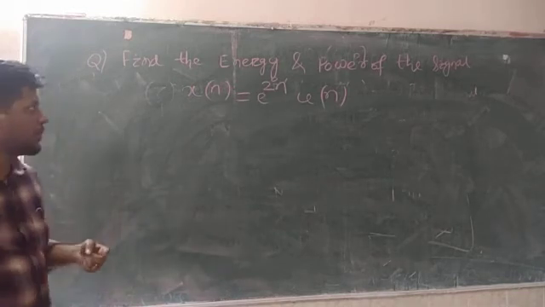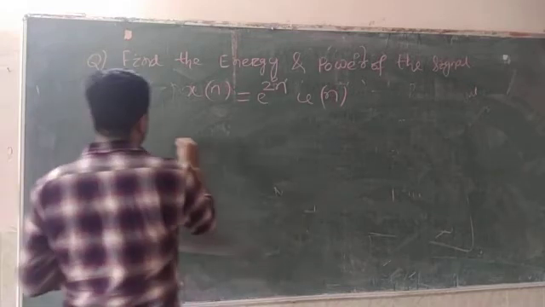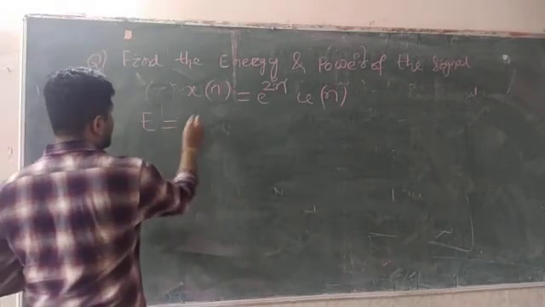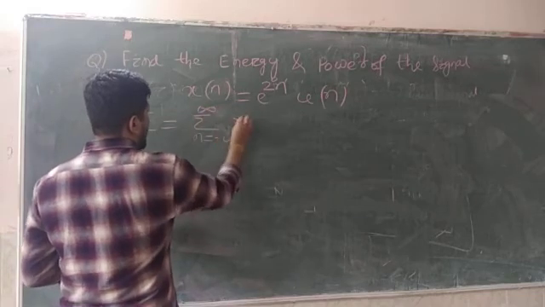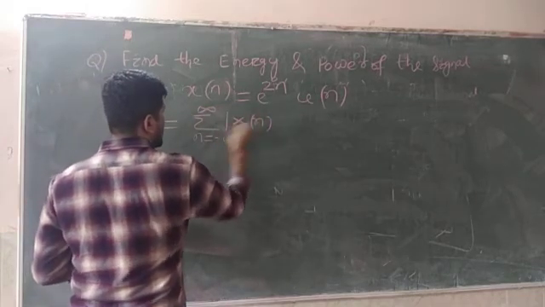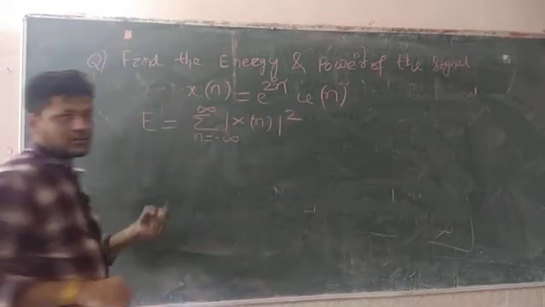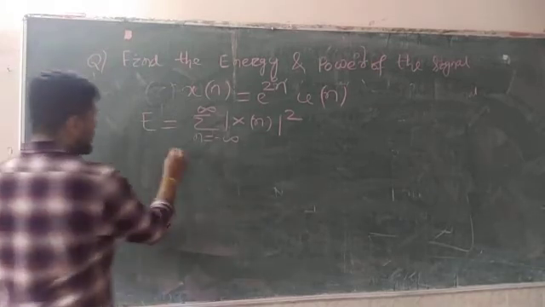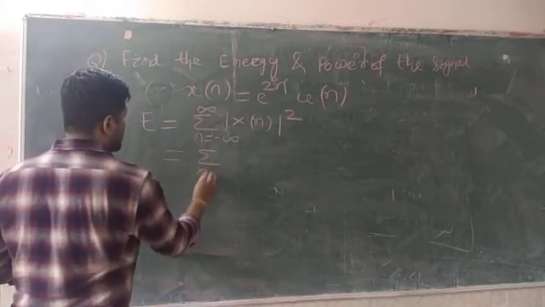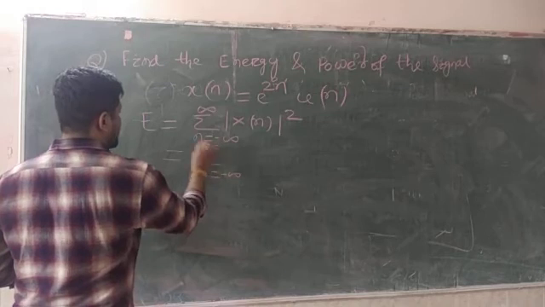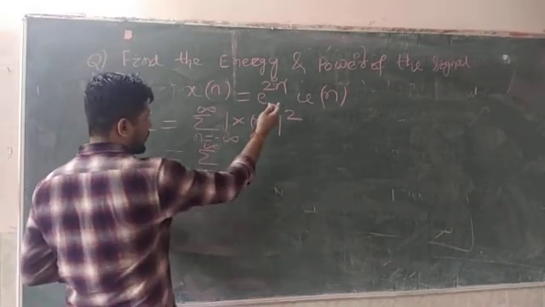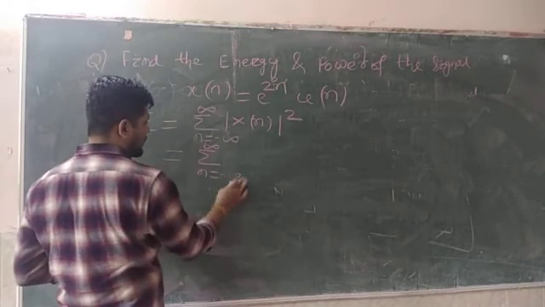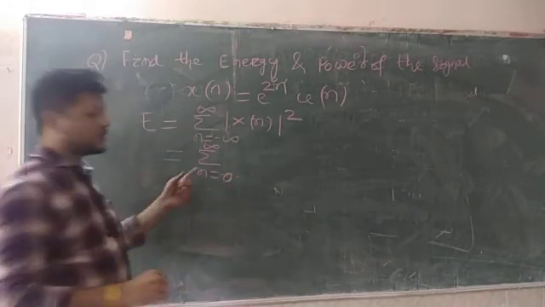So for this signal, if I find the energy, energy becomes summation of n equal to minus infinity to infinity of xn magnitude square. So this is the formula for energy. Then we will have summation of n equal to minus infinity to infinity, where we have e to the power 2n into un. I have already explained that this summation will change from 0 to infinity.